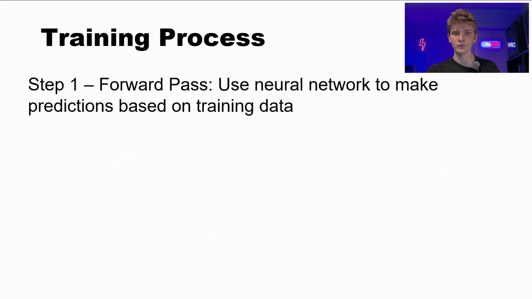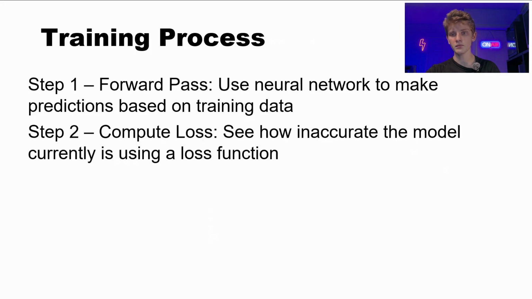We simply first send in our training data through our neural network, and our model will make some prediction based off of that, which will likely be quite inaccurate. We'll then see how inaccurate our neural network currently is, compared to the expected values that we want, and we do this using the loss function.